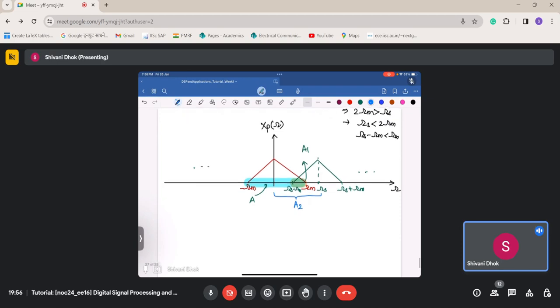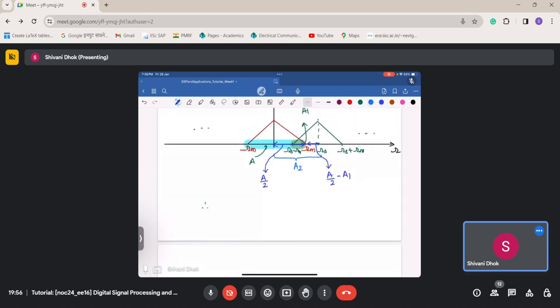So this A2 I can write as this part plus this part. This part here by symmetry is A by 2, and this part here by symmetry is A by 2 minus A1.